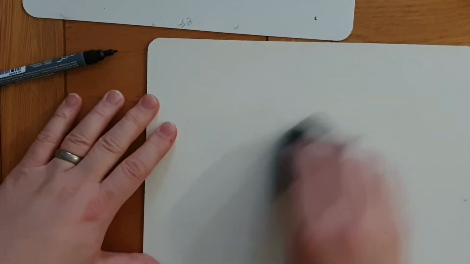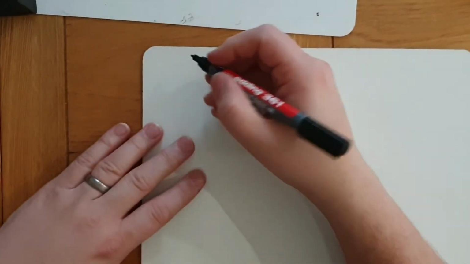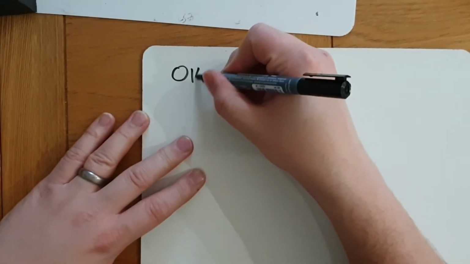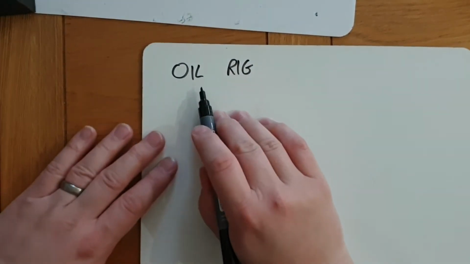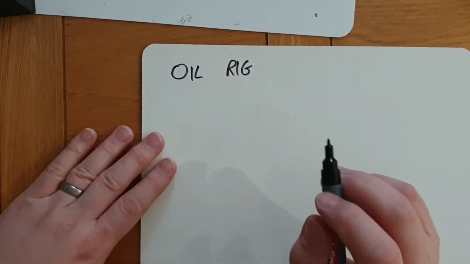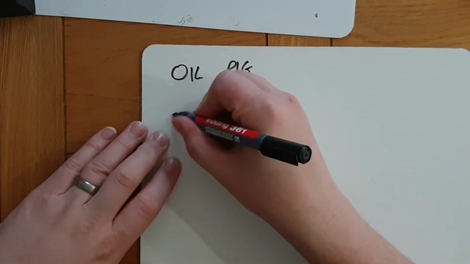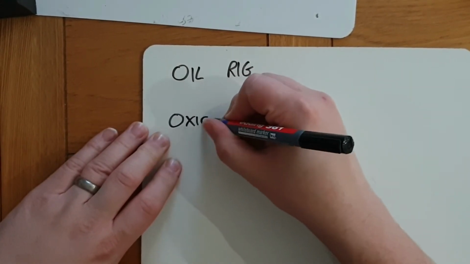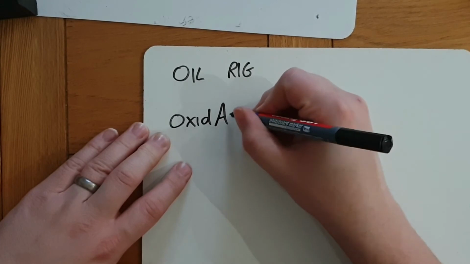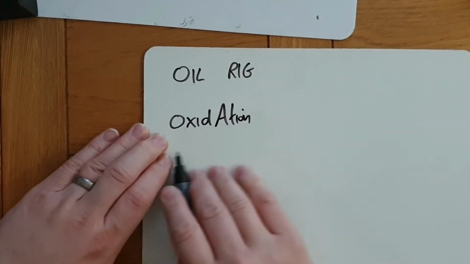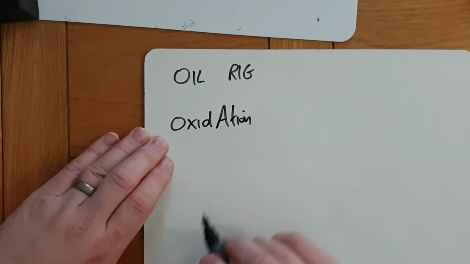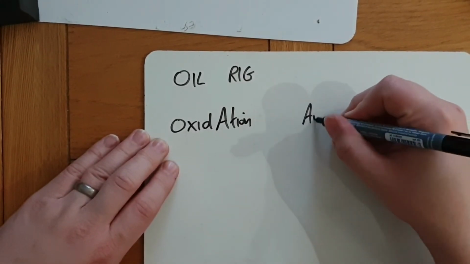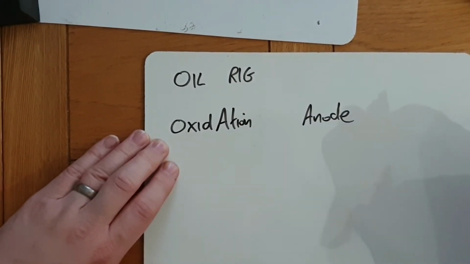So in terms of little tricks to help you remember things, you've got OIL RIG: oxidation is loss of electrons and reduction is gain of electrons, and then you've got AN OX, oxidation, because oxidation happens at the anode.